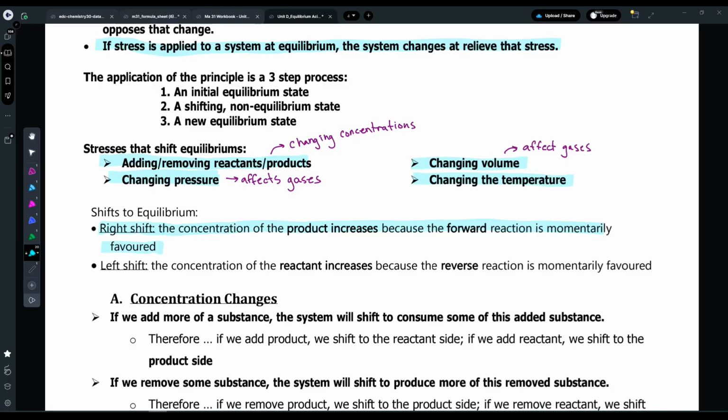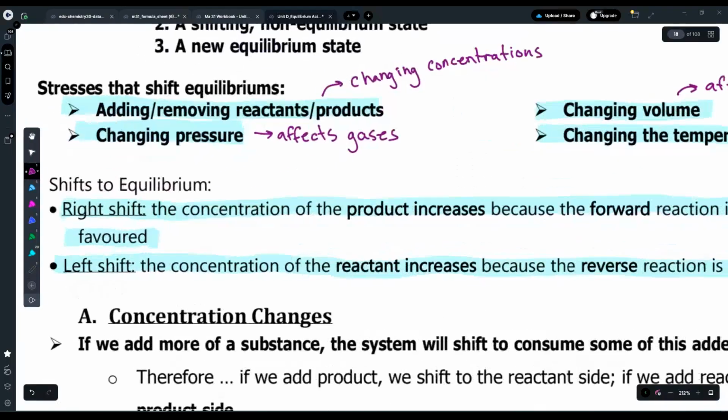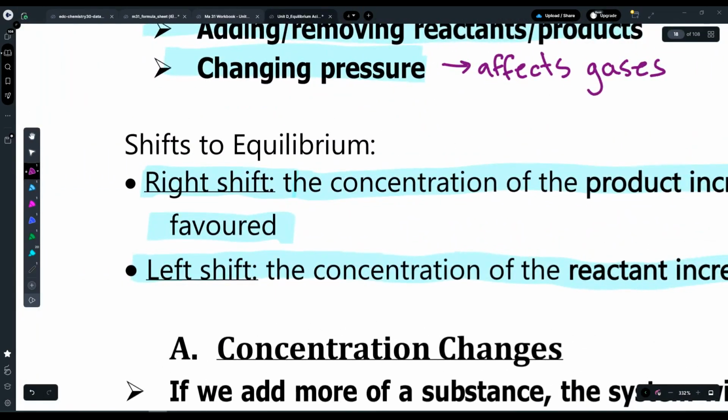The other shift is the left shift, which means that the concentration of reactants increases because the reverse reaction is momentarily favored. A right shift can also be called shifting towards the product side. A left shift can also be called shifting to the reactant side.